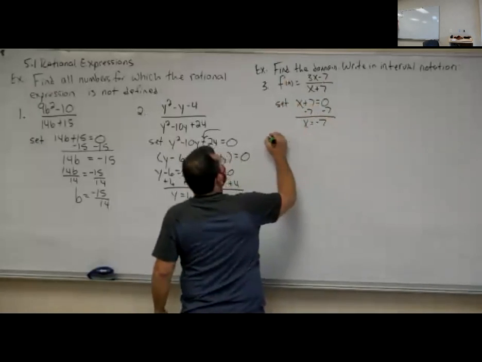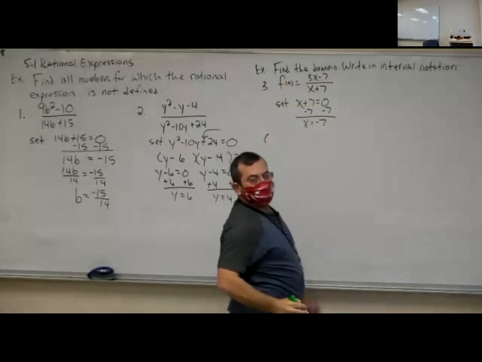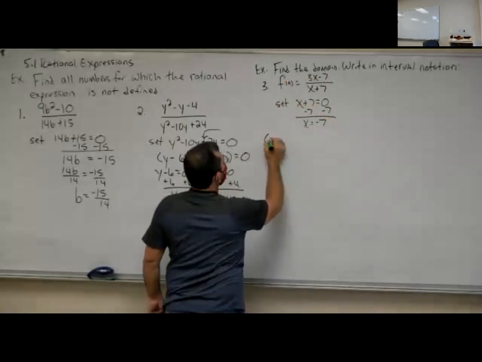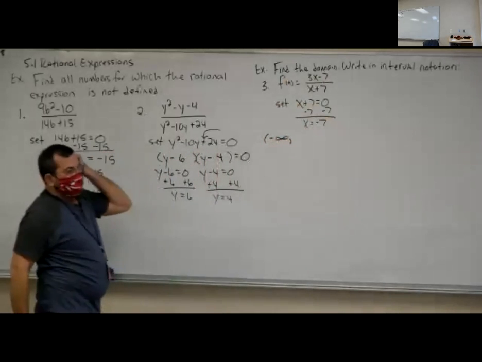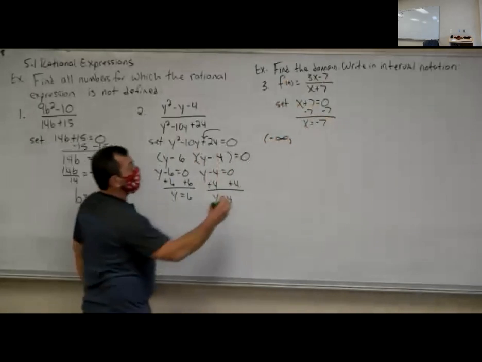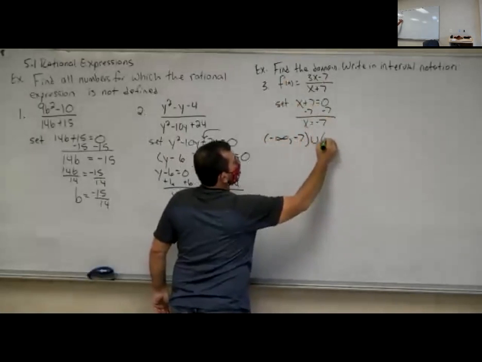So here we go. My domain, you're always going to start with negative infinity. Now, since that negative 7 makes my domain undefined, I'm going to kick out that negative 7 from the domain by using a union.